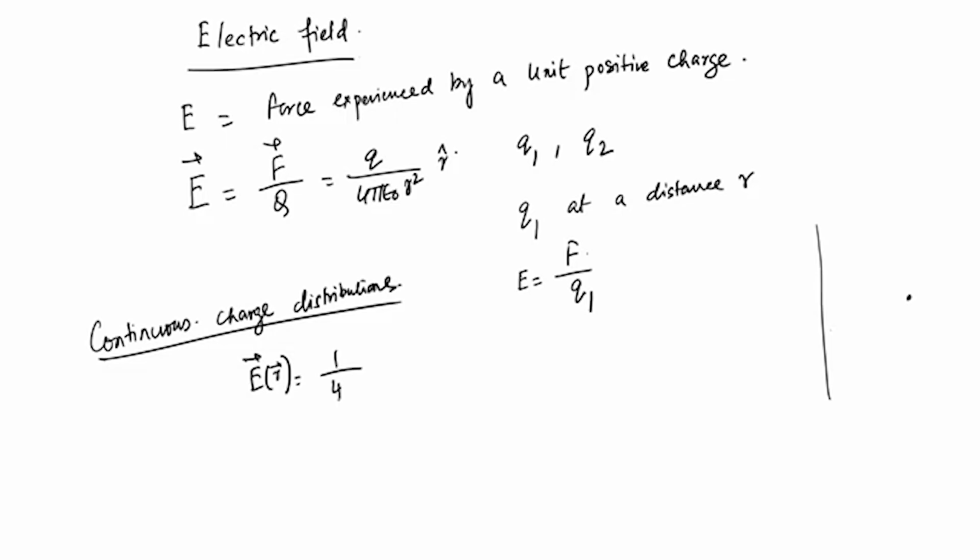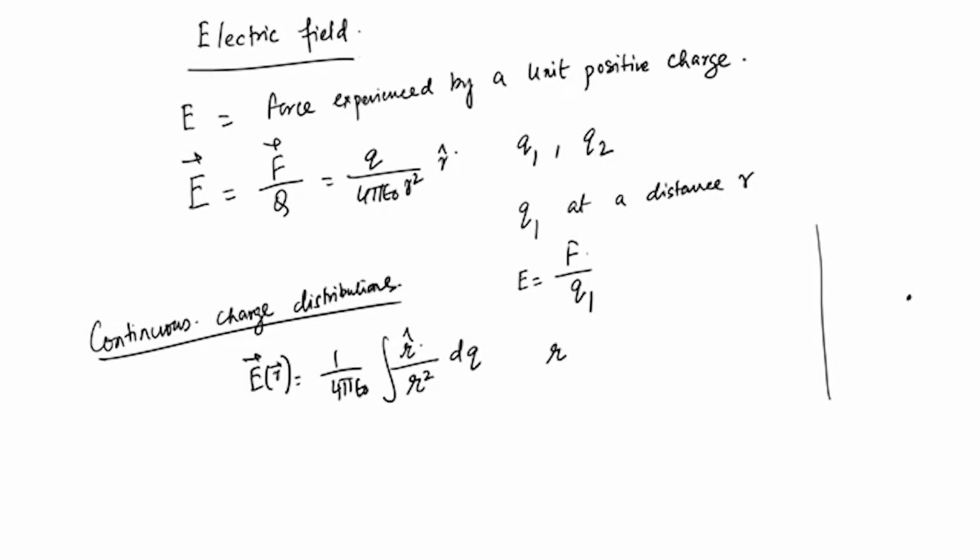The general formula for that distribution is that we have r cap divided by r square, and dq, where dq is a small element of charge. And what does this vector mean?